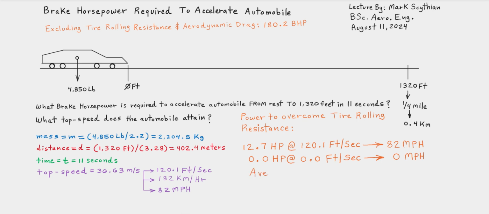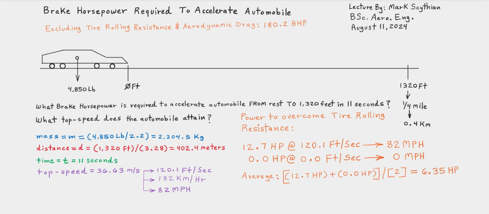So this then becomes the average rate of change. So this is the tangent line of the rates of change computation from rest to final velocity. So it becomes a simple average: 12.7 horsepower plus 0 horsepower divided by 2.